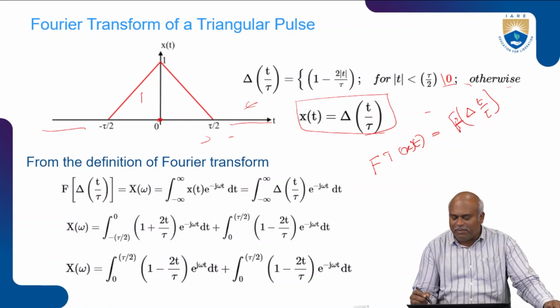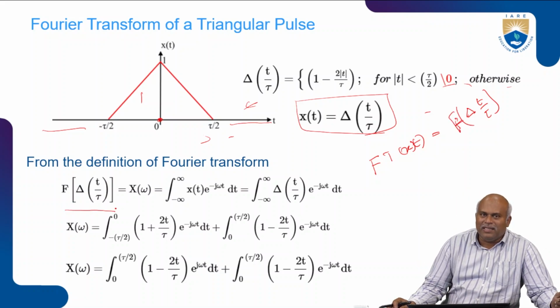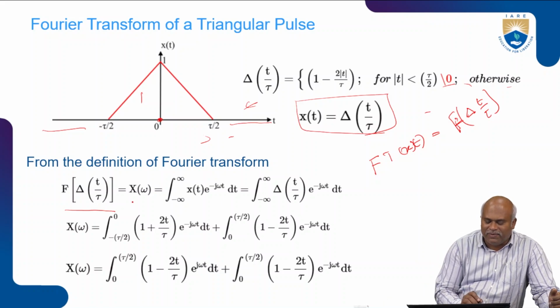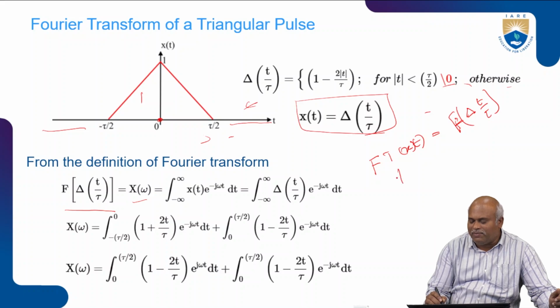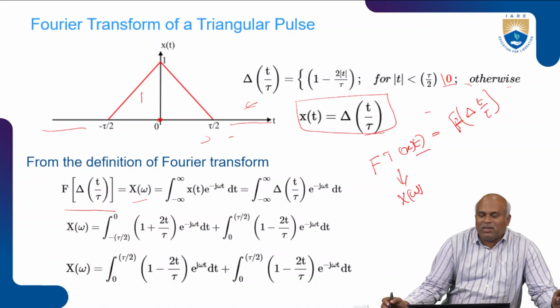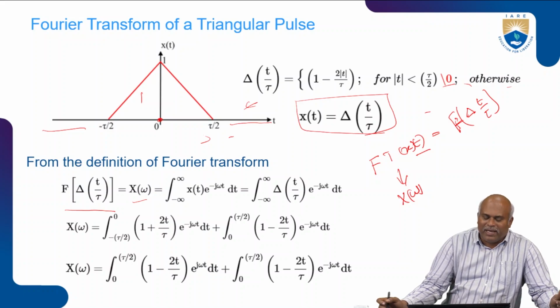So I write the Fourier transform of triangle of t by tau is equal to X of omega. Actually, the Fourier transform of x of t is represented as X of omega. That means we convert the time domain signal into the frequency domain signal by the Fourier transform.